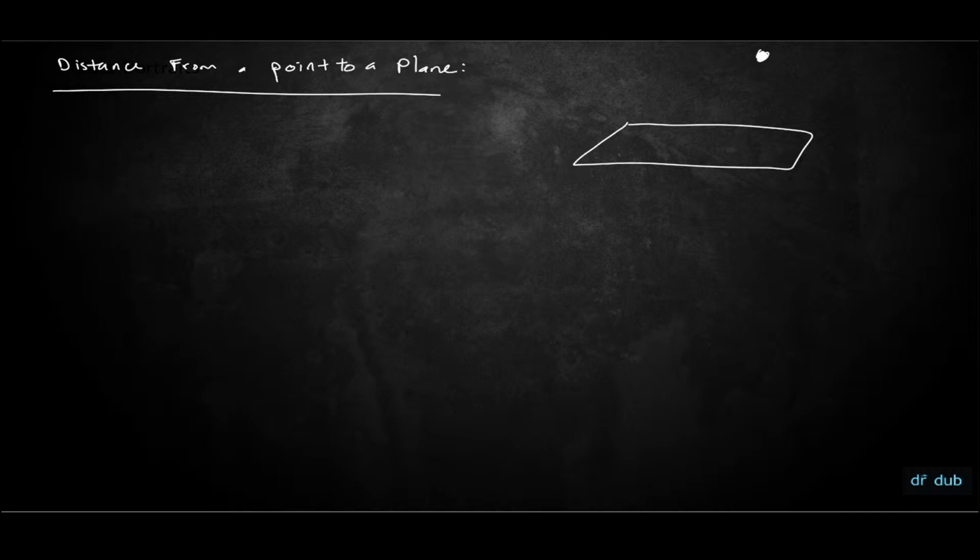And the plane equation we'll say is ax plus by plus cz plus d equals 0, just this linear equation of a plane. And we know that that plane has a normal vector n, which is the vector a, b, c.